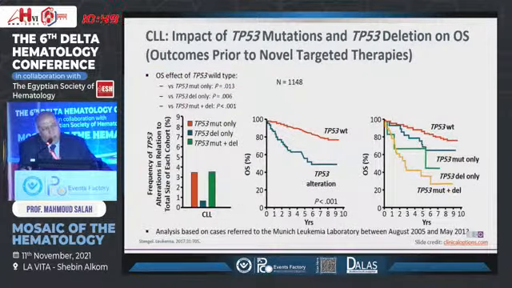Also, the impact of TP53 mutations and TP53 deletions on overall survival: patients presenting with TP53 mutation and deletion have the worst outcome compared with TP53 wild type.